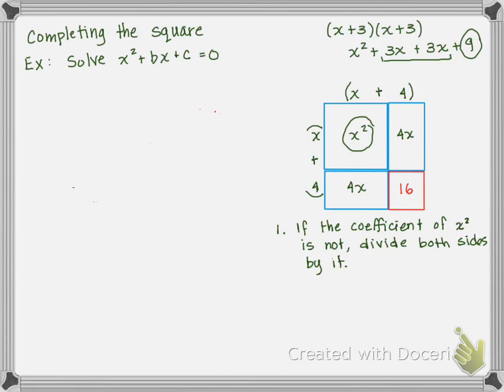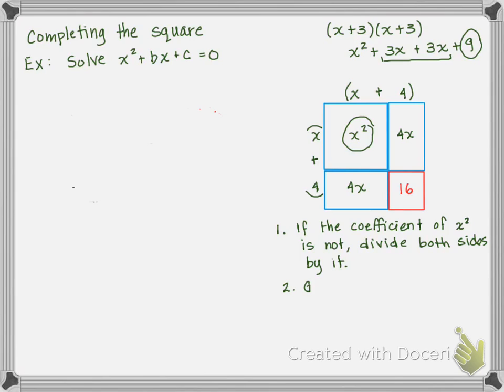The next thing you're going to do, well, what did we do when we did our example to start with? Yeah, we got the constant on the other side, right?